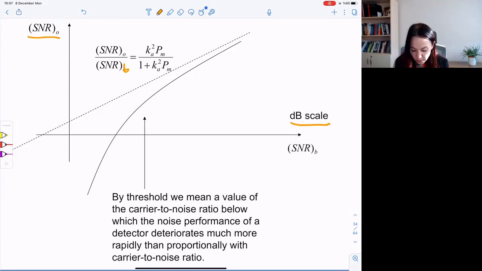By threshold, we mean a value of the carrier to noise ratio below which the noise performance starts deteriorating rapidly. For example, after this point, decay is faster. Once the decay becomes fast, it's only going to be faster. So that's why it's called the threshold effect.